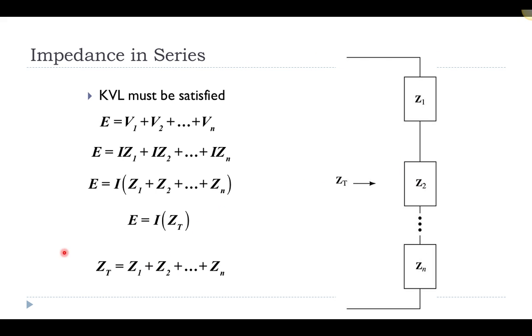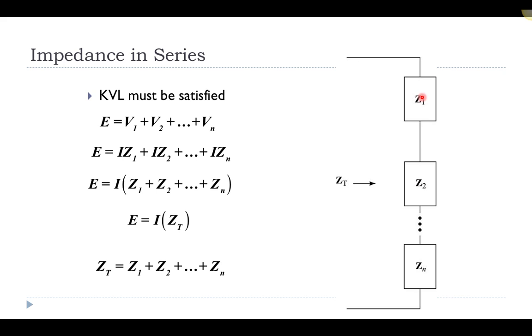So the nice thing about AC circuits is that basically everything that we learned about DC circuits is still valid for AC circuits, with the caveat that we have to make sure that we analyze AC circuits using phasor notation. So Kirchhoff's voltage law is still satisfied.